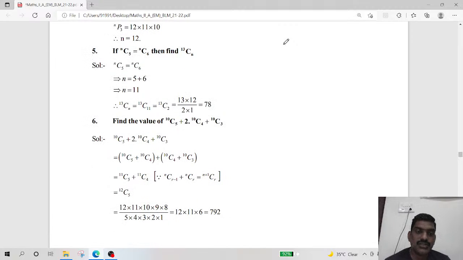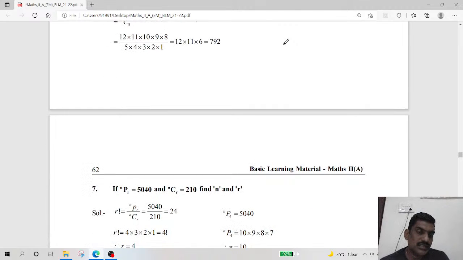So substitute the values directly, or else 10C5 plus 10C4. What is 10C5 plus 10C4? It is 11C5, and 10C4 plus 10C3, it is 11C4. 11C5 plus 11C4, it is 12C5. Fine.